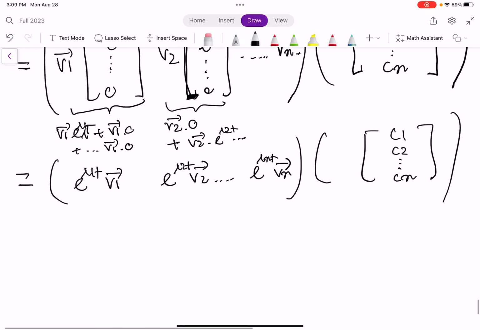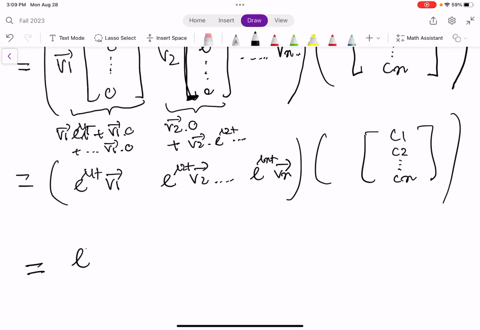If you multiply them one more time, you apply each of these terms to this, and you should get e to the lambda 1 t v1 c1 plus e to the lambda 2 t v2 c2 plus on the way to e to the lambda n t vn cn.